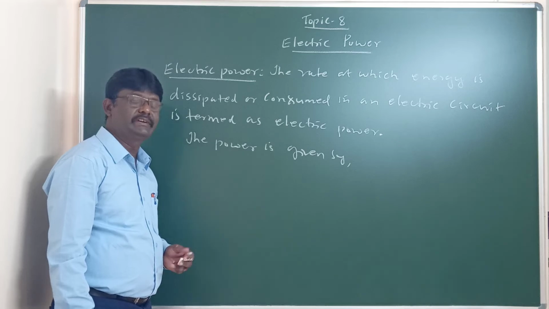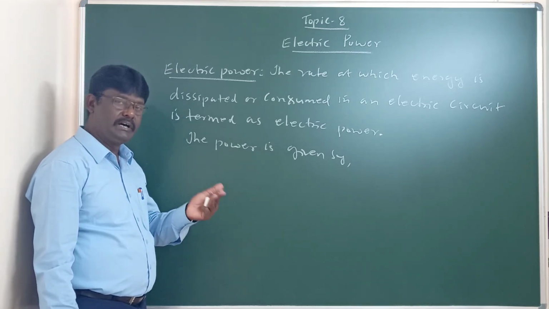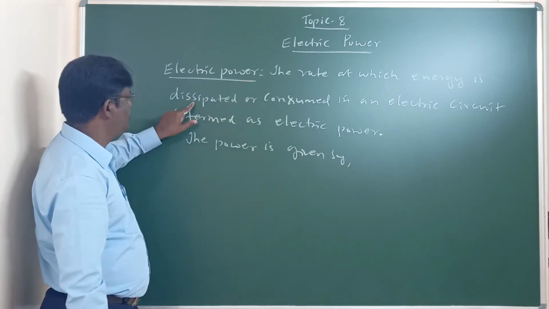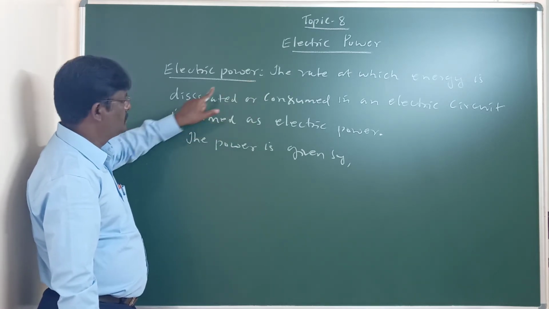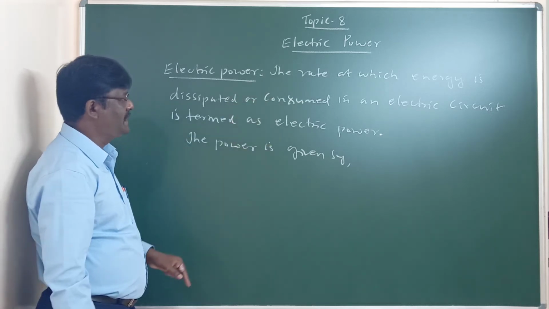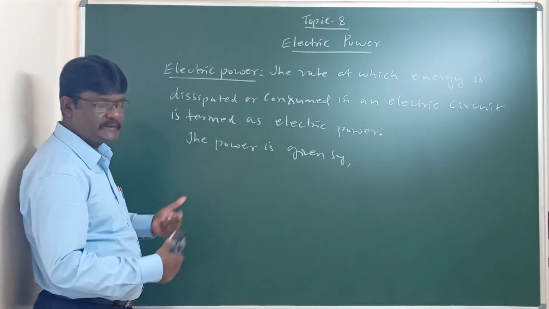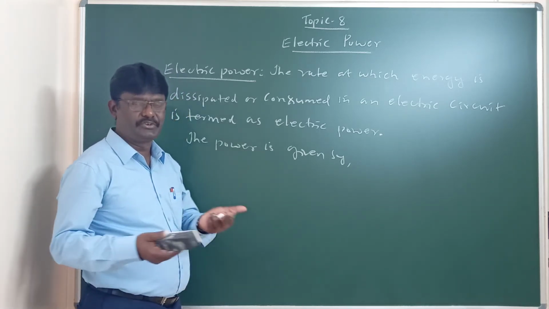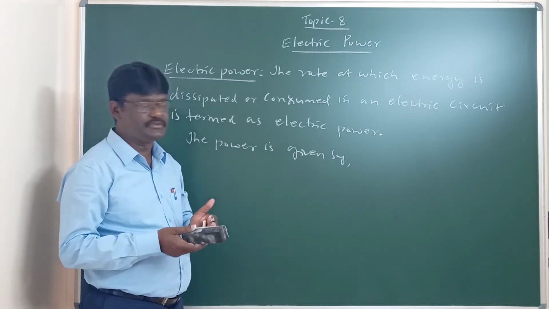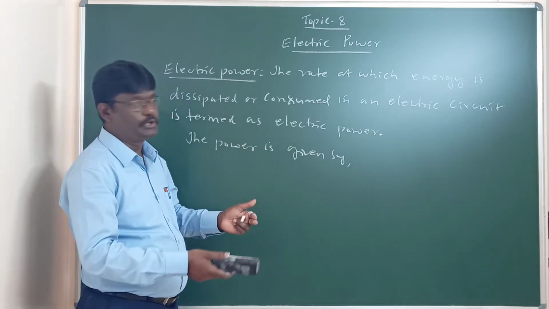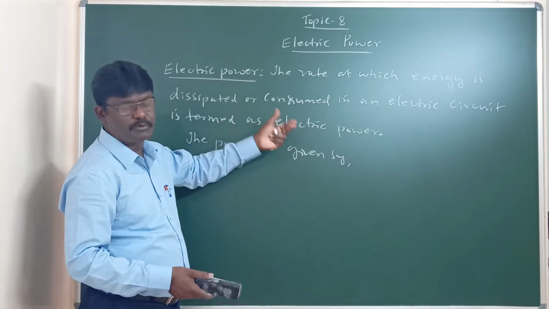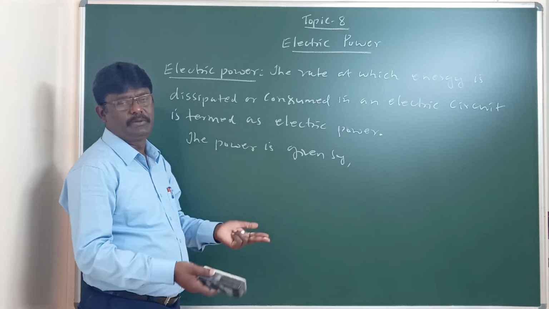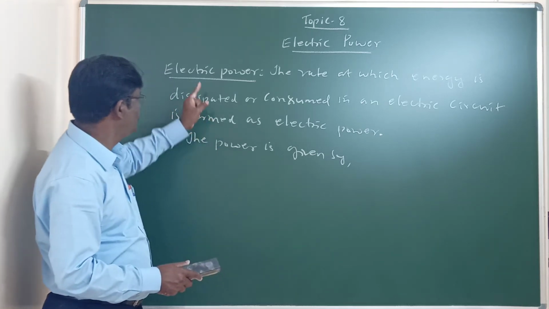The rate at which electrical energy is consumed or dissipated in a circuit, which may be any device such as an electric stove, electric geyser, or even an electric fan, where heat or light is produced.